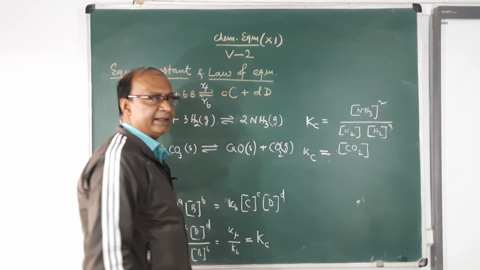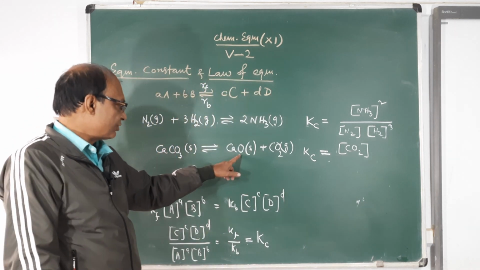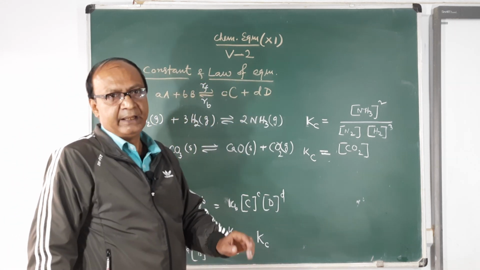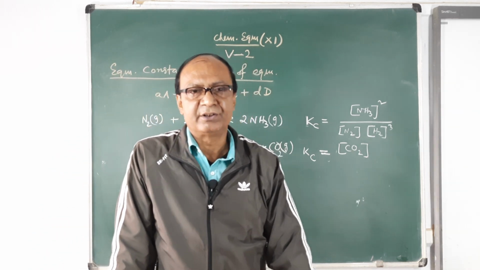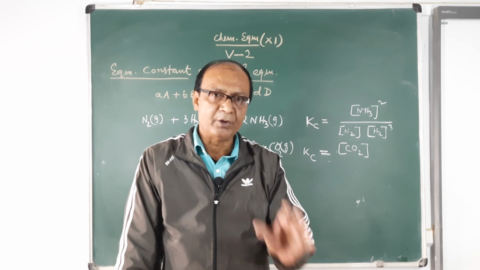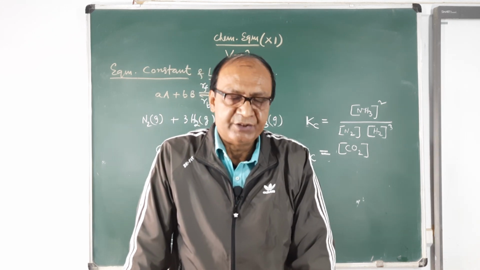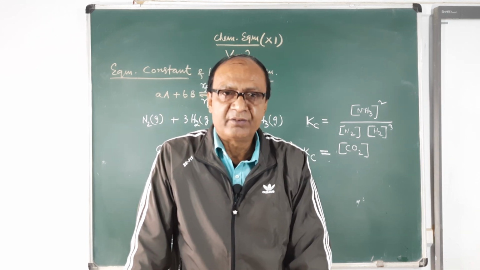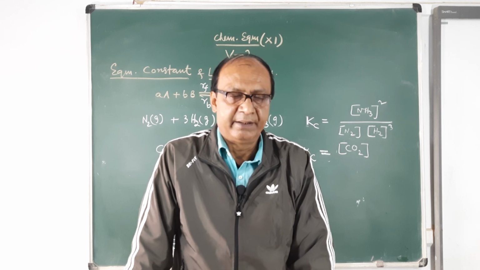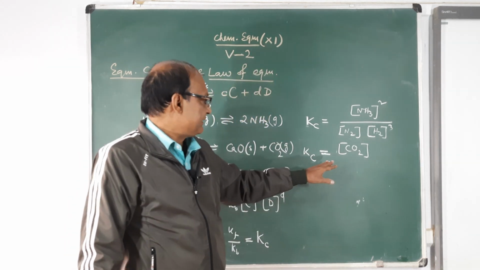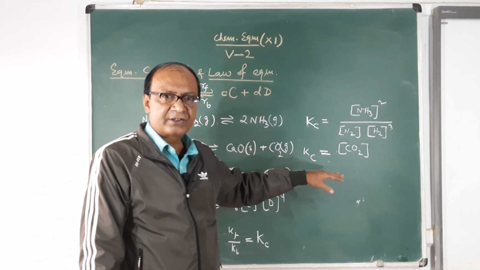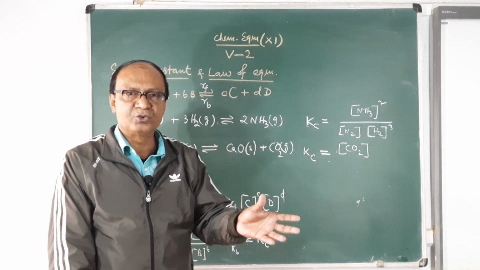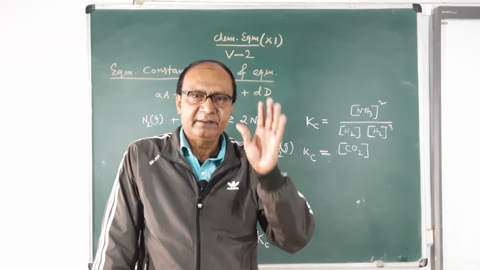You are not to write anything for the others because this is solid, this is also solid. During the reaction, the concentration of a pure solid or pure liquid does not change. That's why their concentrations are taken as constant, and that constant term is merged with Kc while writing Kc.